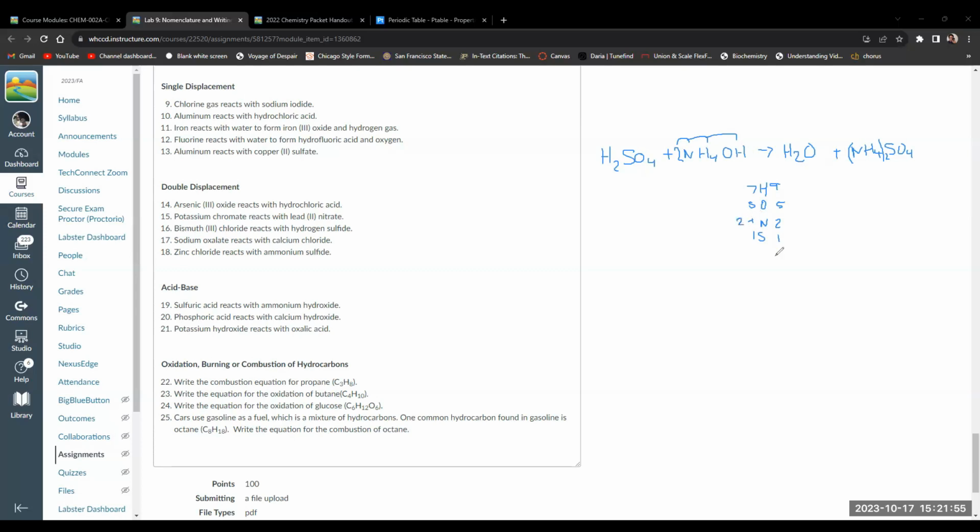So 2 nitrogen, and we have 2 times 4, which is 8, plus the additional 2 from the acid gives us 9. And then the oxygen. So we have 2 oxygens now, plus the 4 from the acid, which gives us 6.